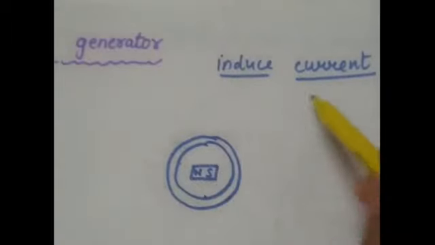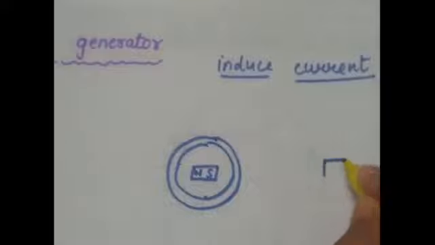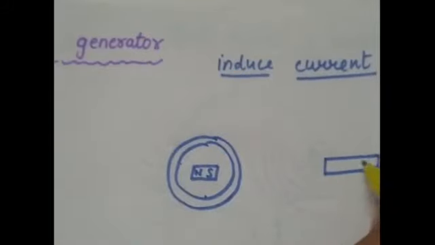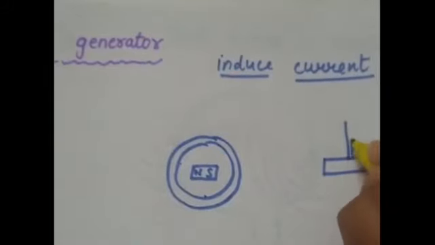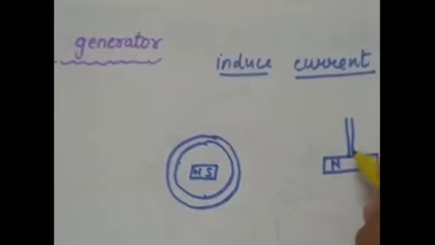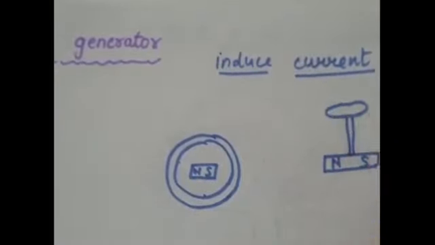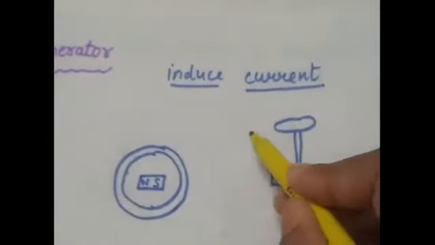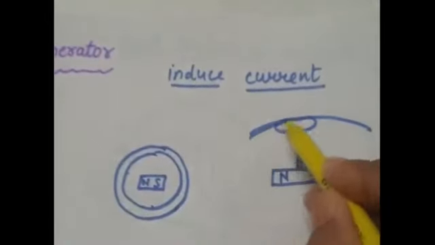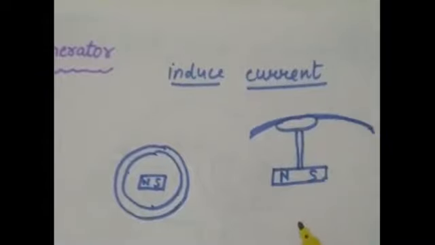But let us see that this bar magnet is connected with one of the shafts which is connected with that disc kind of rotor which is connected to the tire of the bicycle.